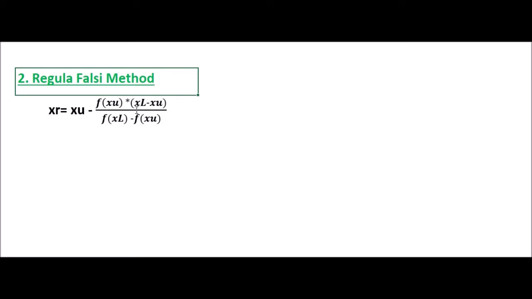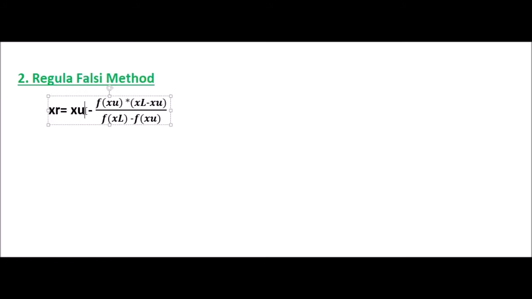Okay, sa regula falsi method, meron tayong isang important formula na dapat nandaan. Alright? We have xr is equal to xu minus f of xu times xl minus xu over f of xl minus f of xu. Okay, yung pinakatatandaan dito, class, is meron tayong xr, xu, and xl.